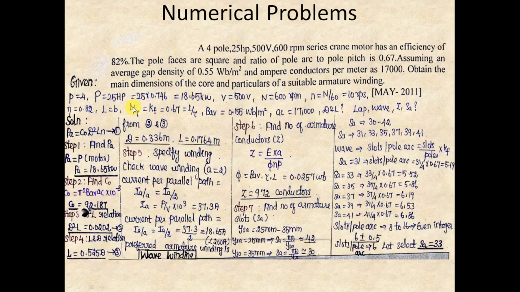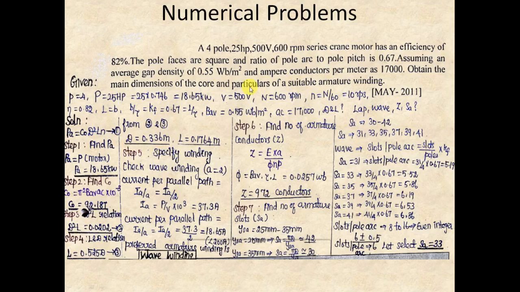Since it is a square pole face, we can write L by tau is equal to 0.67, from which we obtain a relation in L and D, that is L is equal to 0.525 D. Then just like how we have determined another relation in D and L, that is D square L, by using the output equation, the same method is followed here also. So finally, after solving these two, we will be able to determine the values of D and L.